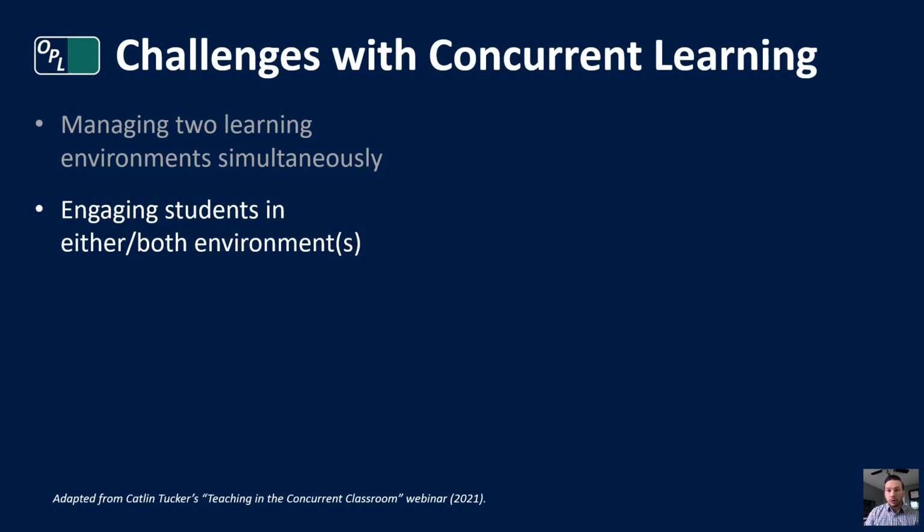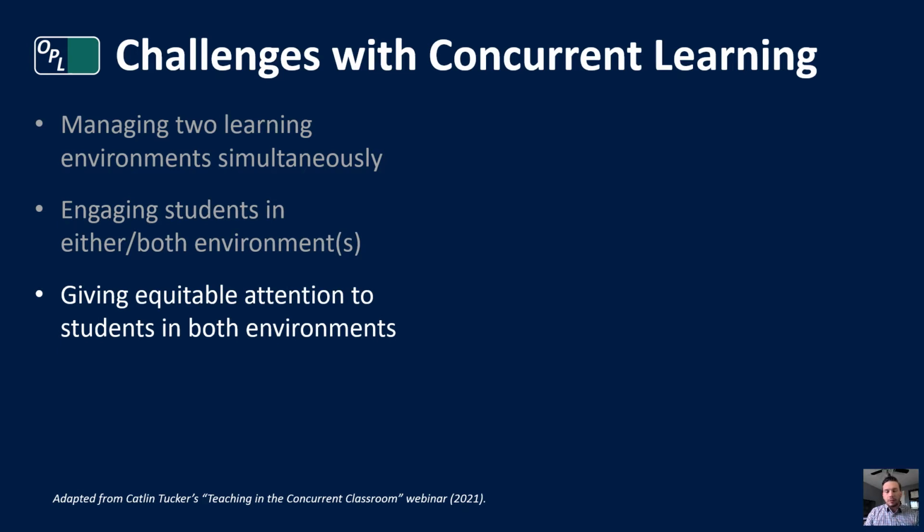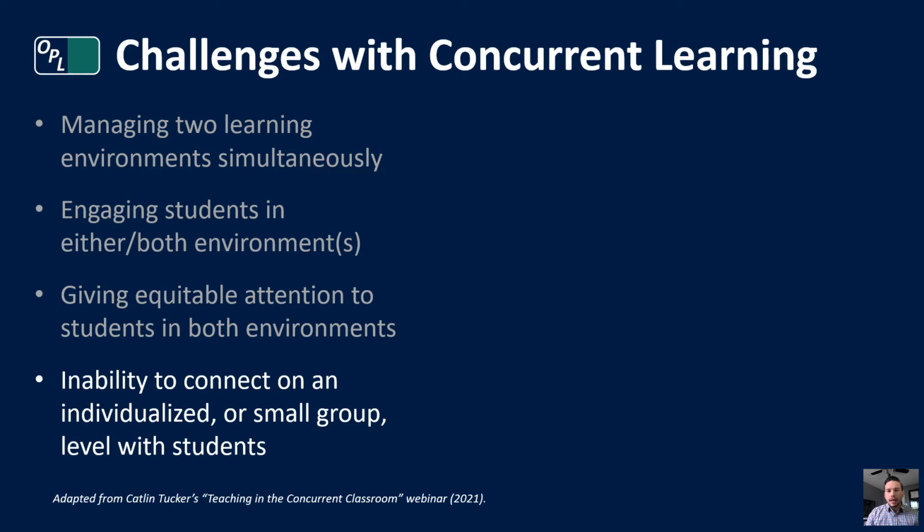And sometimes it's difficult to engage either of those groups of students since you have too many different competing ideas going on at the same time. The third is being able to give equitable attention to both groups of students. And the last is the inability to make connections with students on an individual or at a small group level due to the number of different things going on at the same time and the inability to focus your efforts on one student at any given moment.